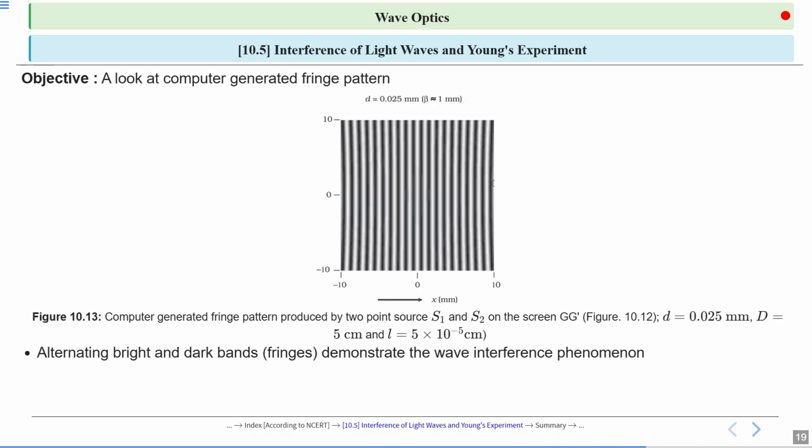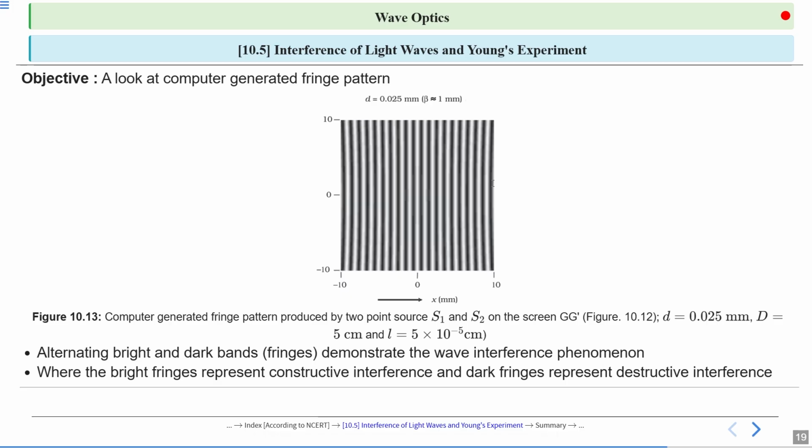This is the fundamental concept in wave optics, illustrating how waves interact in space, where the bright fringes represent constructive interference, and the waves from two sources add up to create a brighter intensity. In contrast, the dark fringes are the areas of destructive interference where the waves cancel each other out, resulting in darkness. This interplay between constructive and destructive interference is key to understanding many optical phenomena.